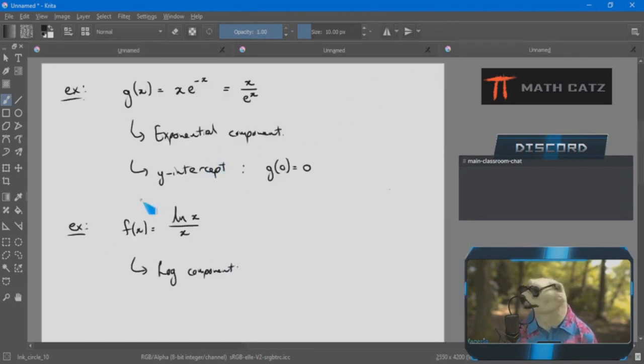That then is going to kick it out of the rational function type. Because as soon as I have this log component, even in between other x's, other stuff, it kind of dominates the behavior a little bit. It dictates how this function is going to behave to a large degree, not completely, of course.